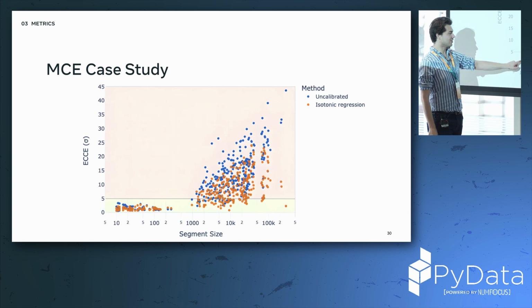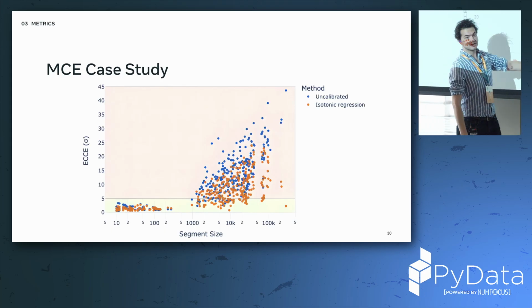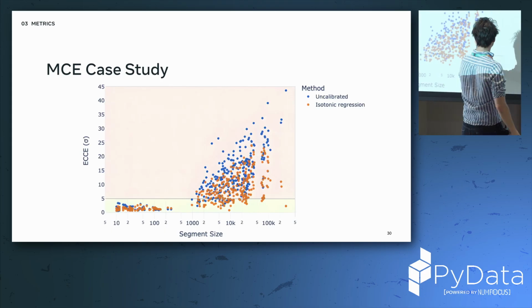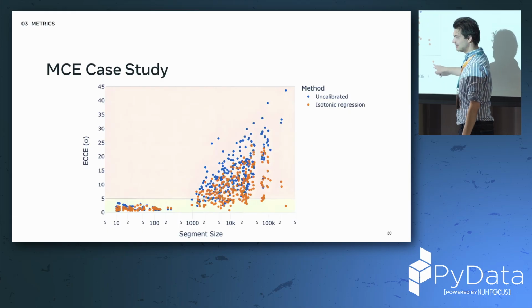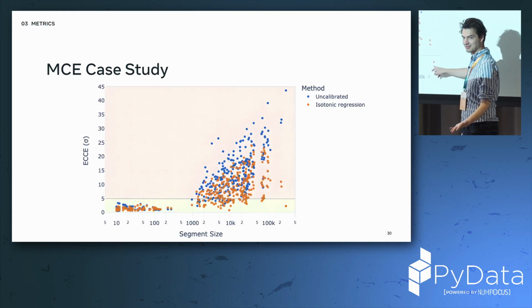You see the smallest ones here, bigger ones here, and the trivial subset you can create out of your data is just the whole data. You don't slice on anything, right?